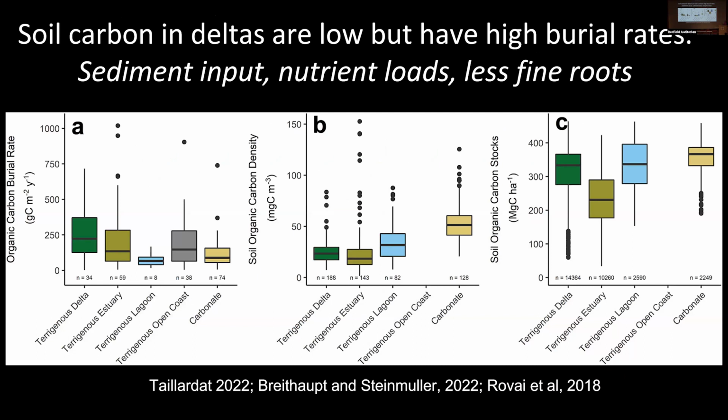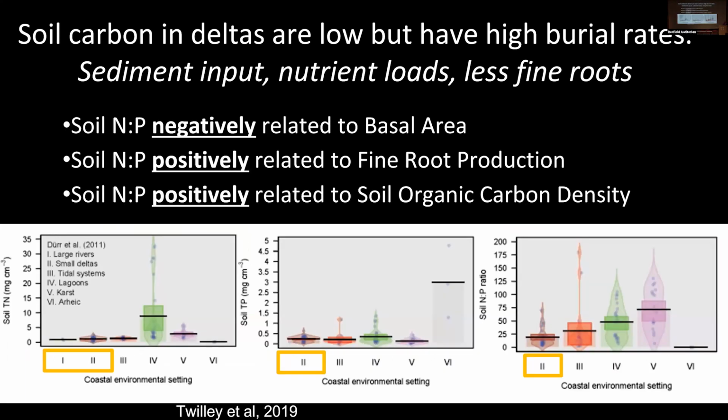Just to point out where deltas are here. Again, that density is relatively low in deltas, but it accumulates quite quickly. So thinking about the role of sediment input, nutrient loads, and then there's less fine root material.